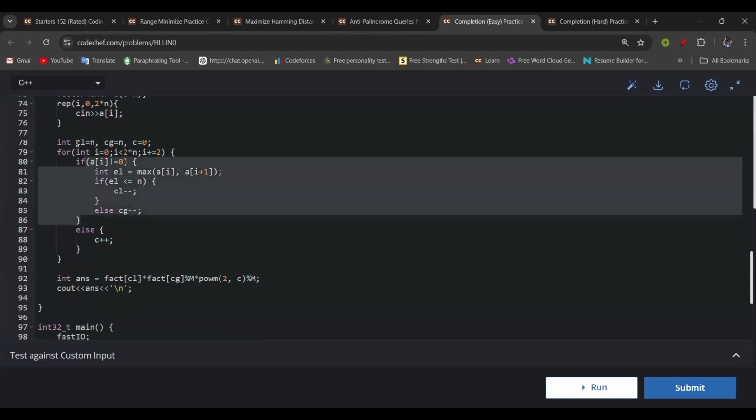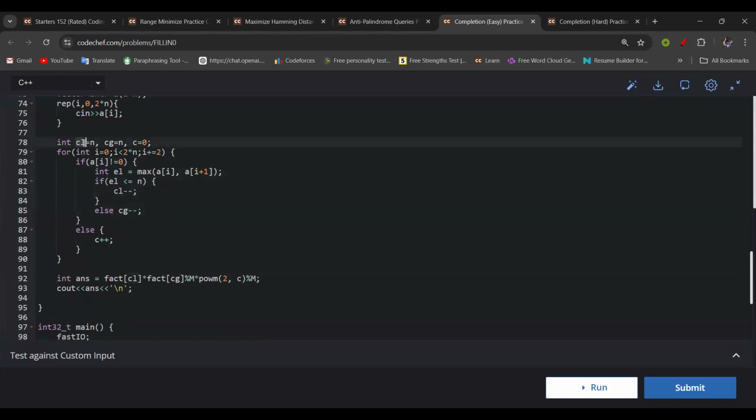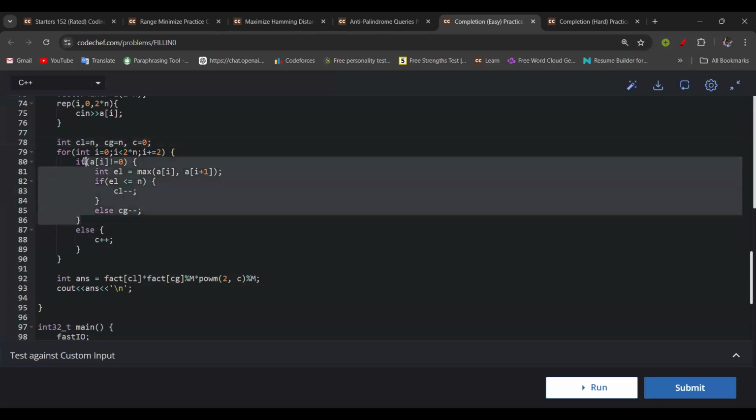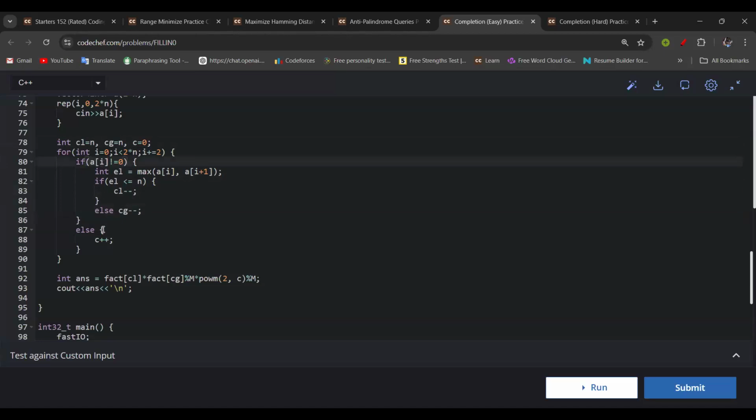So after this, I would compute how many values are left in the lower range, and how many values are left in the greater range. And if both of them are unknown, if this is equal to zero, it means both elements are unknown, then my C would be incremented by 1. So there's a pair which is both unknown. So C plus plus.